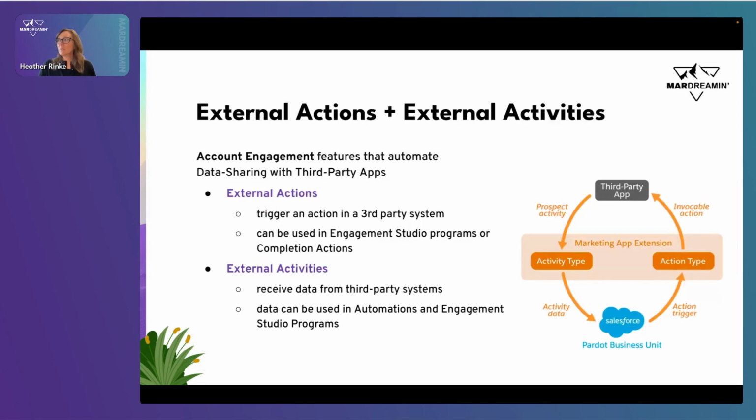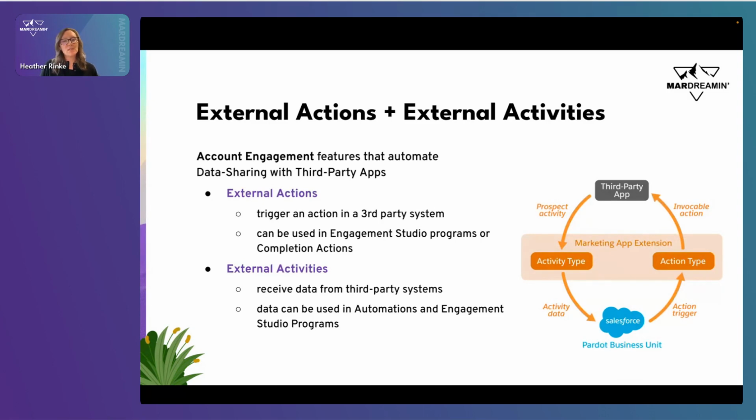The last item I'm going to mention is a couple of features to keep in mind, because if you do have Account Engagement, these could be features that you could take advantage of. These are features on the Account Engagement side, but can work with flow. There are external actions, where you can pair an external action with an autolaunch flow in order to trigger a series of actions, either from Engagement Studio or completion actions.